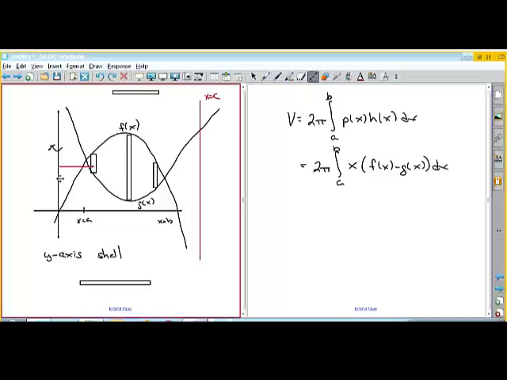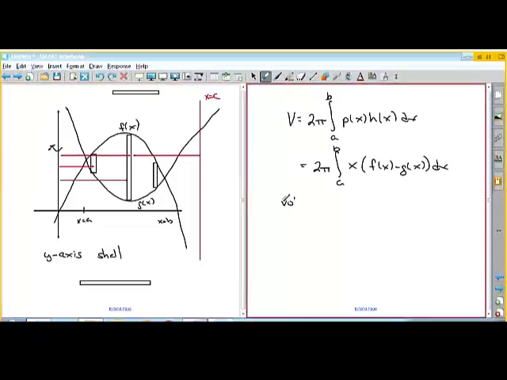So when you're rotating around the y-axis, this is the radius of the shell, which is x. And when you're rotating around this one, it's the other way around. You're coming from here to here. So remember, this is c. The other direction is x.